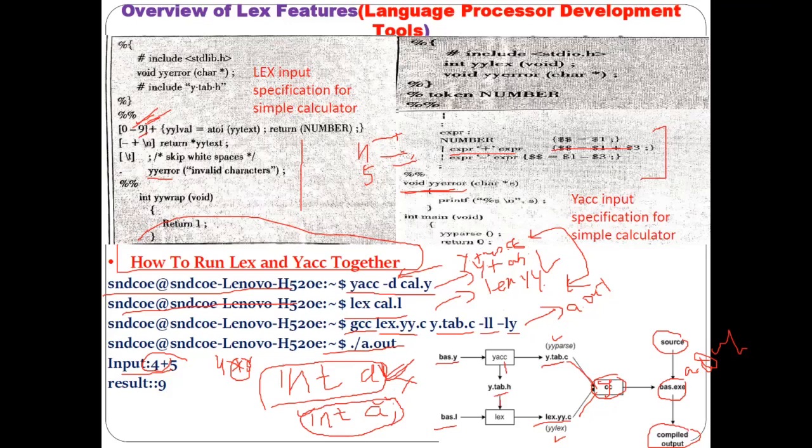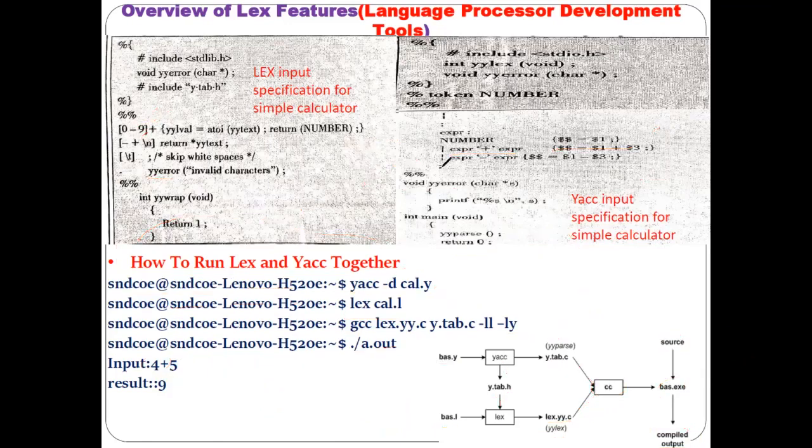Now here also, if you have written that every expression you write must end with a semicolon, then if you write 4 plus 5 and it does not end with the semicolon, definitely you will also get an error, because here you have written the rule like this: after every expression there must be a semicolon.